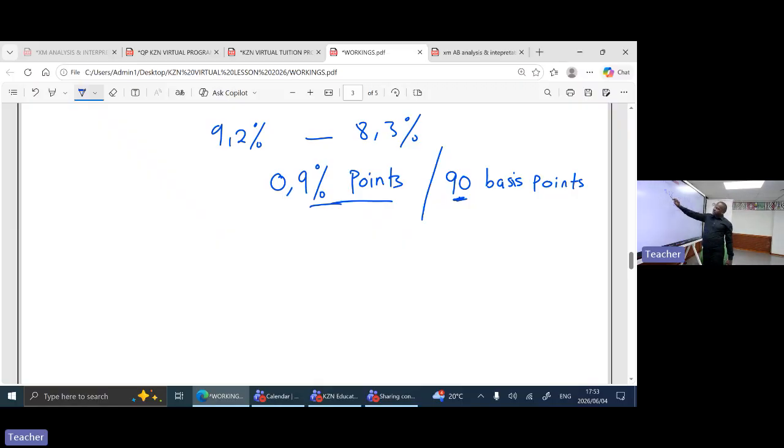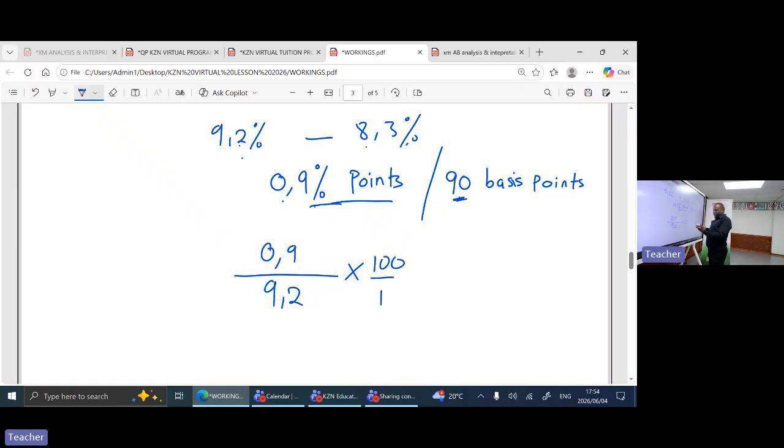We see that from 9.2% to 8.3%, the difference is 0.9%. But what is the relative decrease, the percentage change from 9.2% to 8.3% relatively? So you will take 0.9% divided by the figure before it decreased, which is 9.2%, then multiply that by 100 over 1.